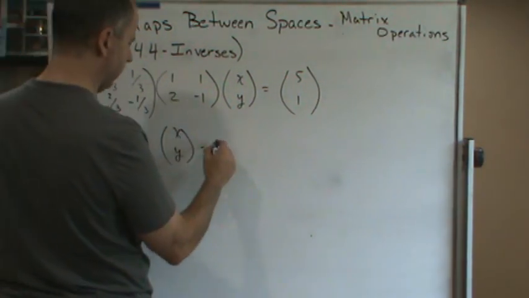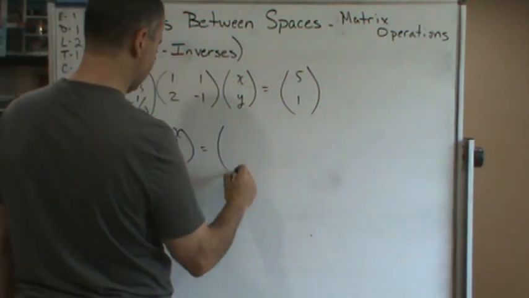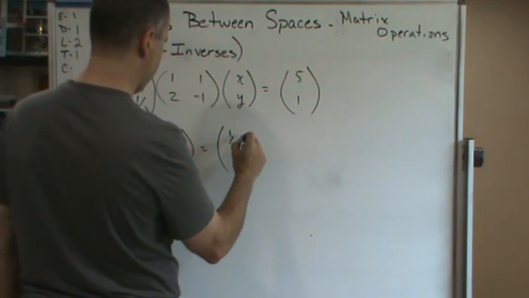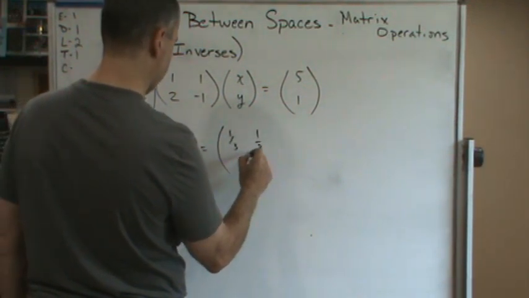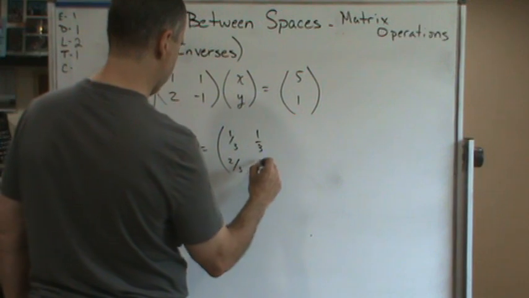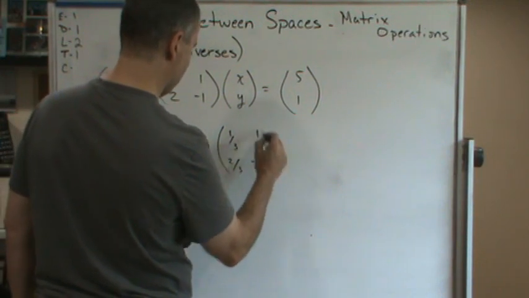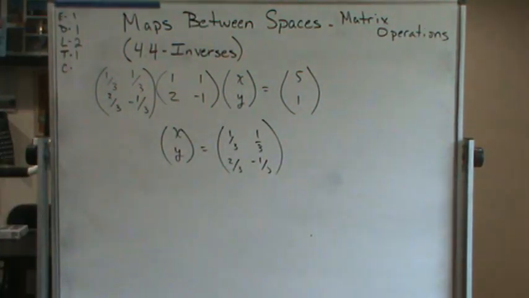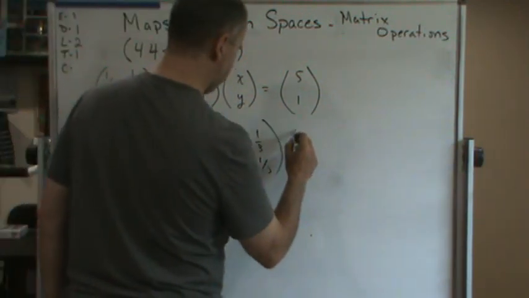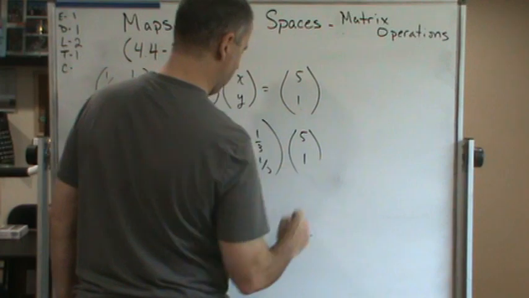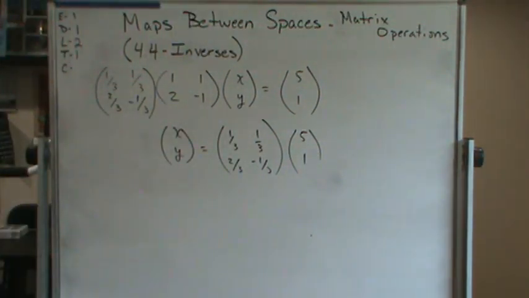So this goes away, and then we'll get xy times 1/3, 1/3, 2/3, negative 1/3. Maybe I haven't had my coffee. And then of course, the constants. Okay, so that's one advantage.